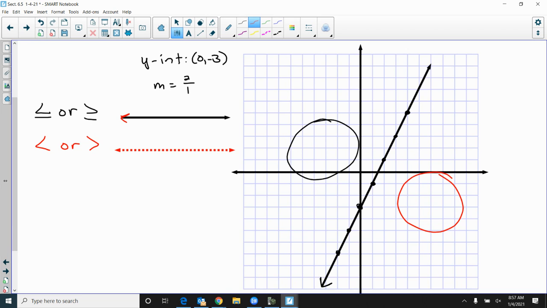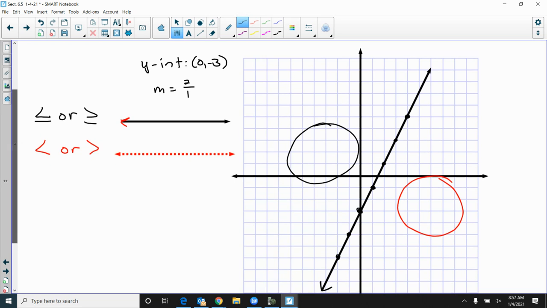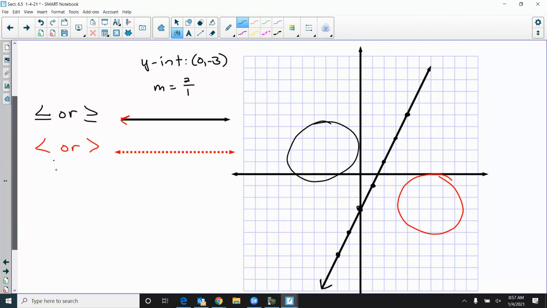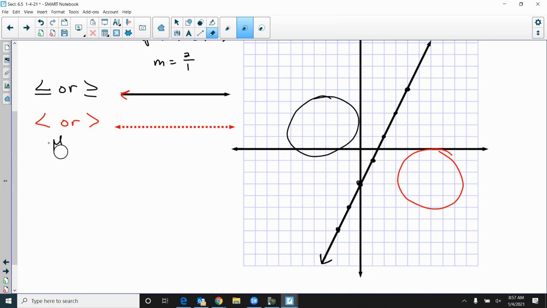All right, so here's what we've got to do. We take our inequality, y is less than or equal to 2x minus 3, and we pick a test point and plug that test point in. If it works, everything on the side that contains the test point is our answer, and everything on the other side isn't. The easiest test point to pick is 0, 0.